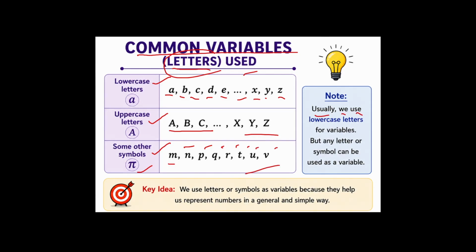Usually we use lowercase letters for variables, but any letter or symbol can be used as a variable. The key idea is we use letters or symbols as variables because they help us represent numbers in a general and simple way.